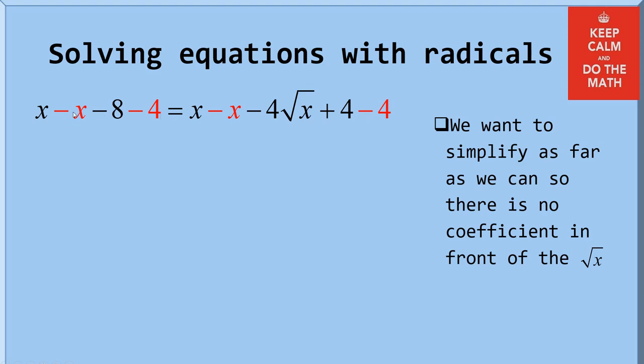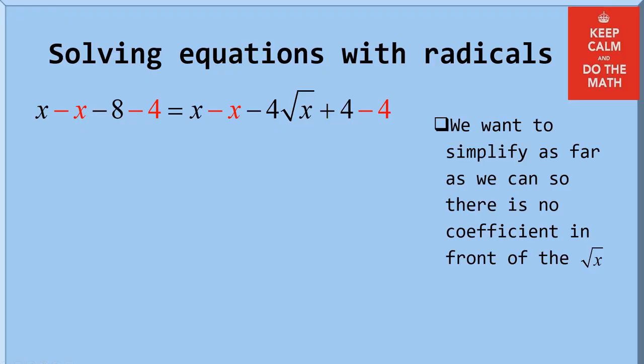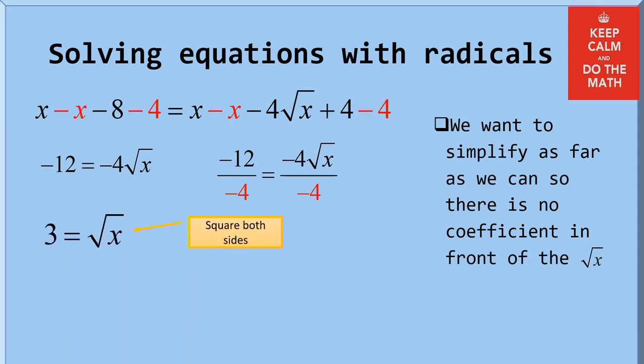And what you will see is that the x's cancel. -8 minus 4 is -12. And now on the right side, I am down to -4 times square root x. Almost done isolating the square root of x. I need to get rid of the -4, so I'm going to divide both sides by -4, which gives the square root of x is equal to 3.